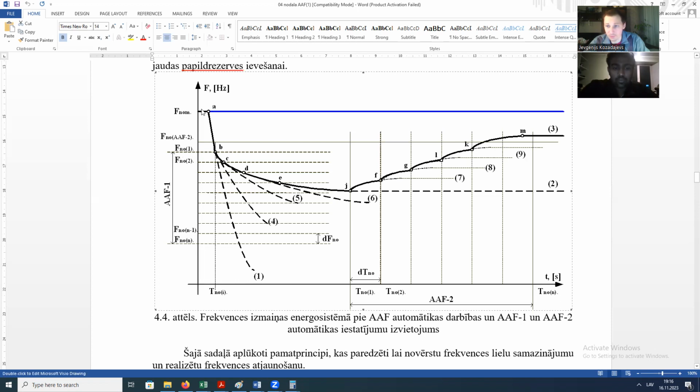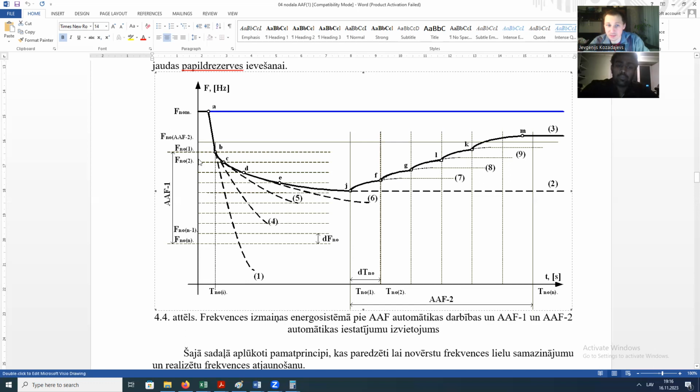For example, if we have a nominal frequency of 50 hertz, the first stage could be a set point of, for example, 49.2. But we will discuss it, it depends on the power system. Each power system has its own set points. So that means that we have a start set point when we disconnect the first group. And here we could see other set points.